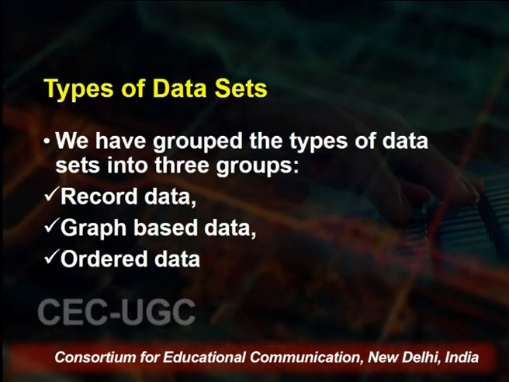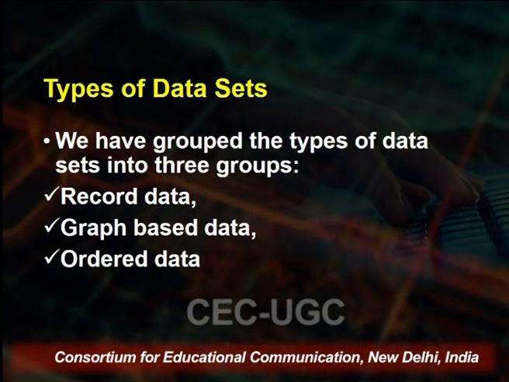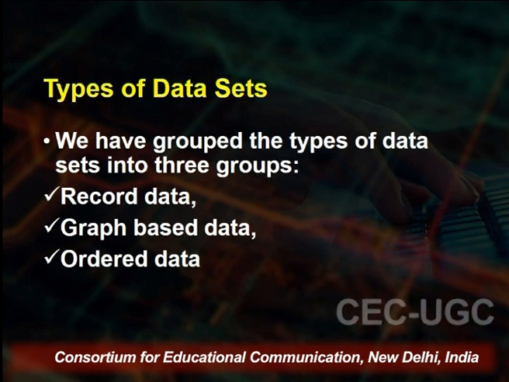So after understanding the attributes and the premises on which this understanding of attributes works, we are now in a position to look at the different types of data sets which are available to us. There are 3 types of data sets which people will generally work on, or into which we categorize data sets.